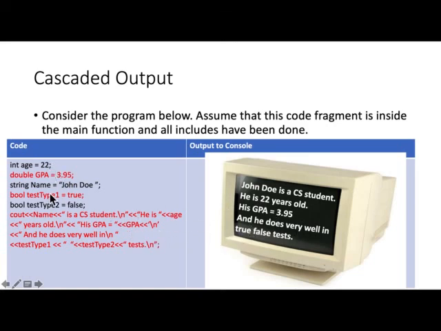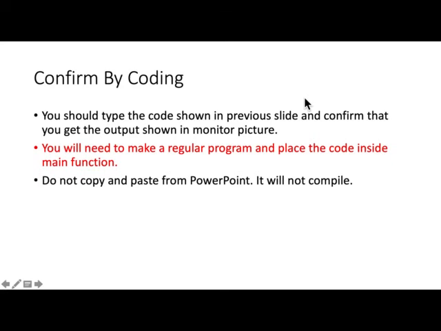And you can change the values here, age, GPA, and name. Leave these as they are, and then you will see a different output in the program. So basically, type and run this one for your own. All right, do not copy and paste, it will not compile.